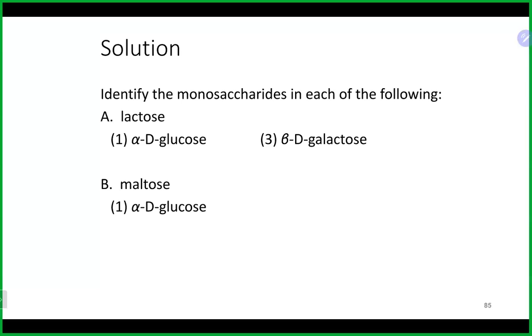And sucrose is made up of glucose and fructose. Definitely something you should know for sure. And also the glycosidic bonds, being able to identify them. You probably won't be asked to draw them, but if you see them, be able to identify them correctly with the numbering. Any questions on that?